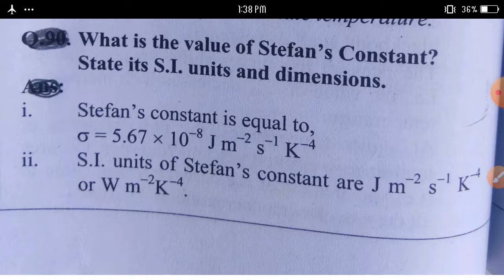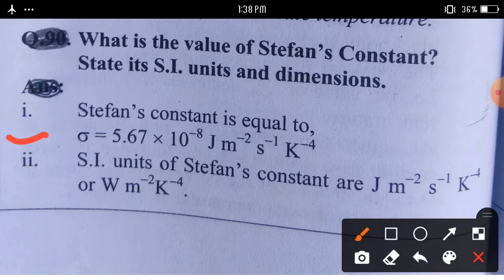The SI unit of the Stefan constant is joule per meter square per second per Kelvin raised to 4.